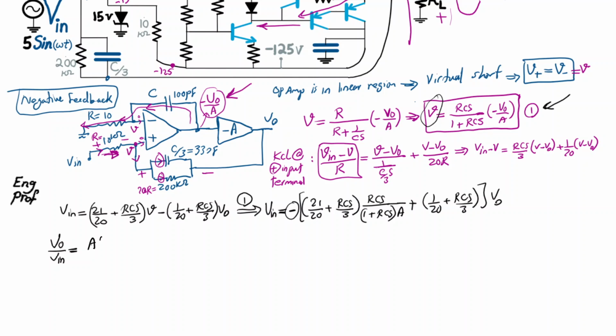It is A times 1 plus RCS, and then we have, just to clean up, and then minus, of course, a combination of, let's say, I'm just trying to make sure I'm not missing something, 21 over 20 RCS plus 1 over 3 R squared C squared S squared, and we have plus 1 over 20, and we have A. So let me make sure I'm not missing that one.